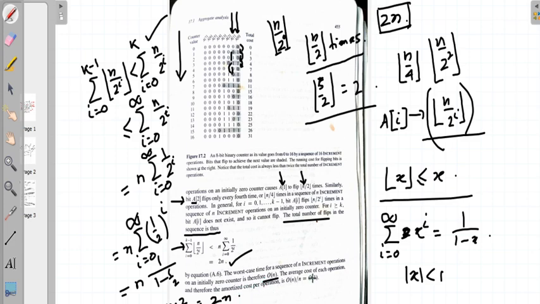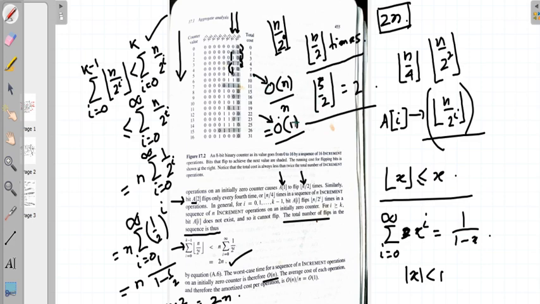Then the average cost of each operation will be order of n divided by n, so order of 1. So the average cost, that is the amortized cost per operation, we are getting is order of 1. That is a much tighter bound, whereas the worst case cost is order of n.